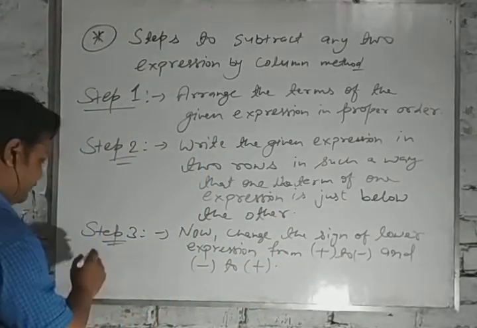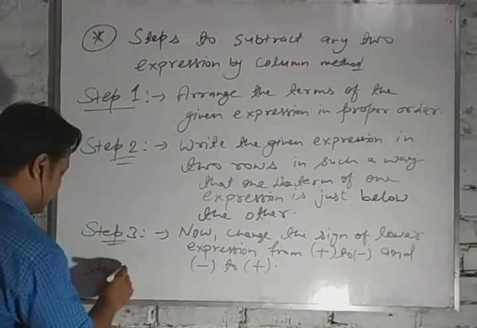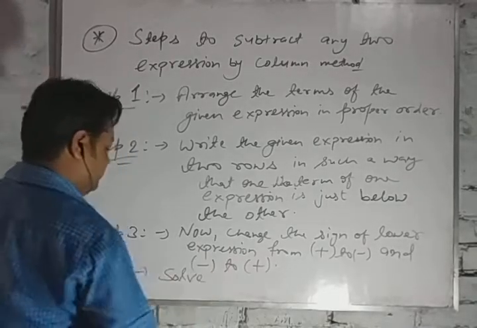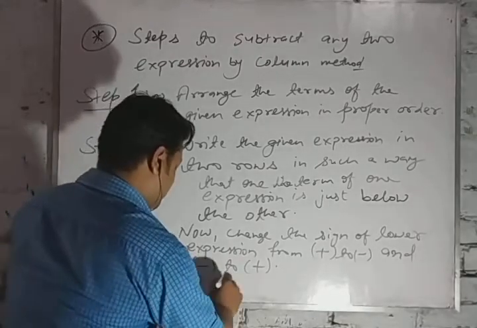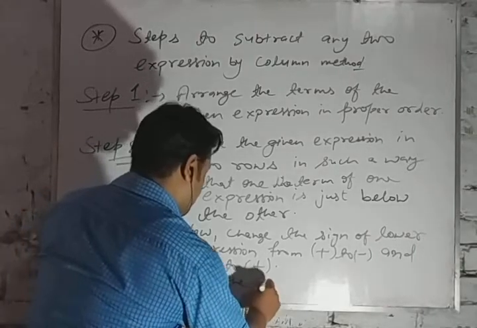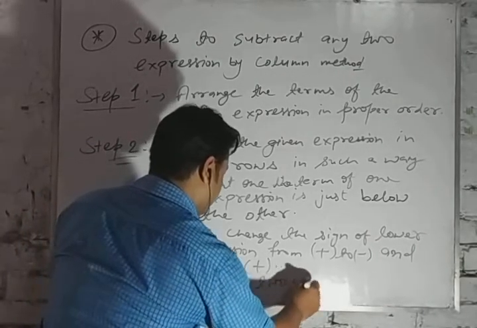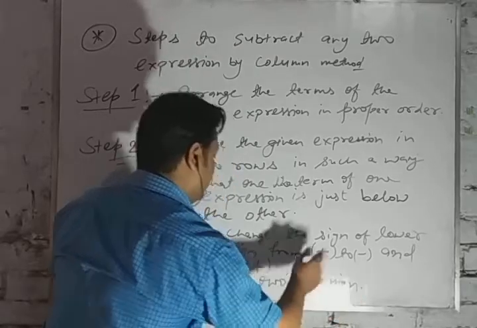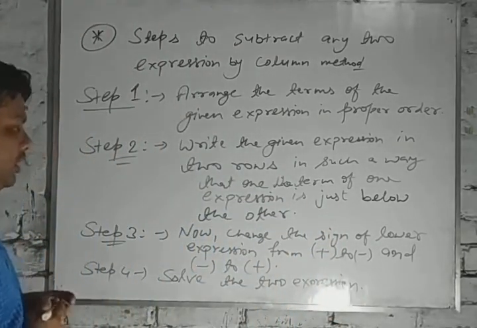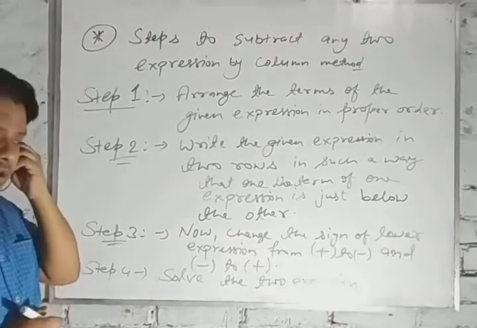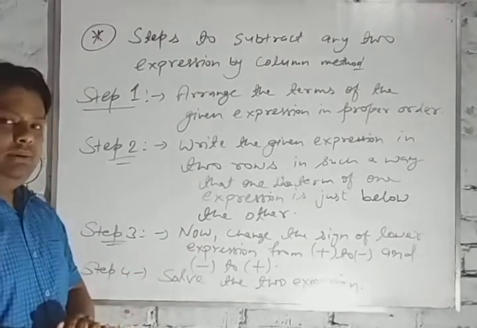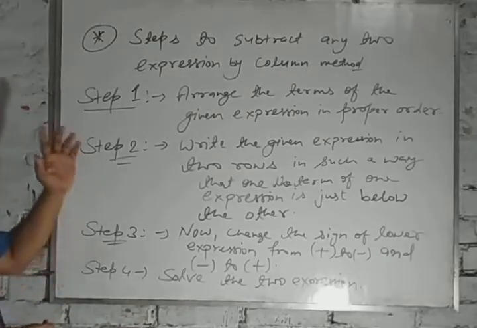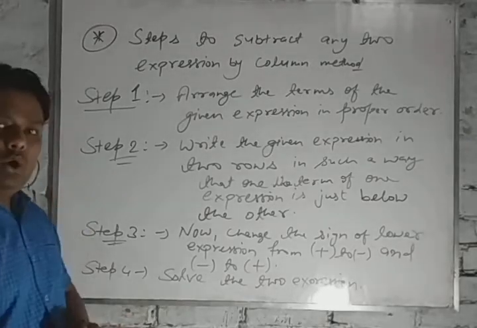Now step 4, the last step: now solve the two expressions only. That is, solve the two expressions. Now we will add or subtract according to the sign. Okay. So these are the steps to subtract any two expressions by column method.